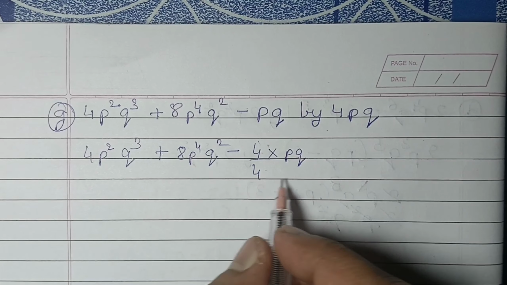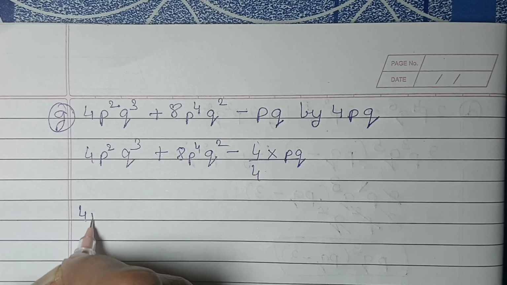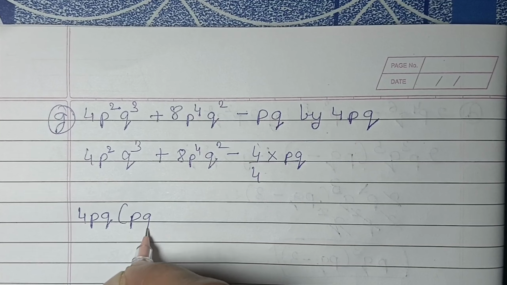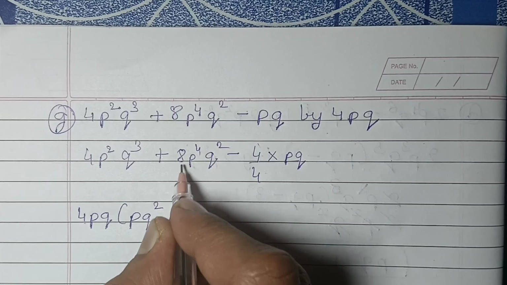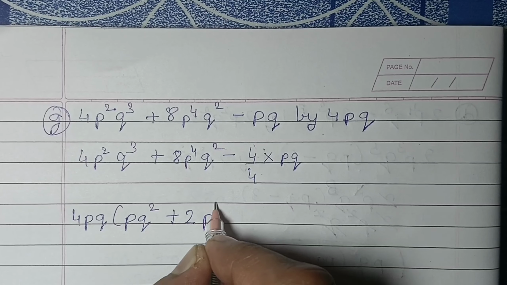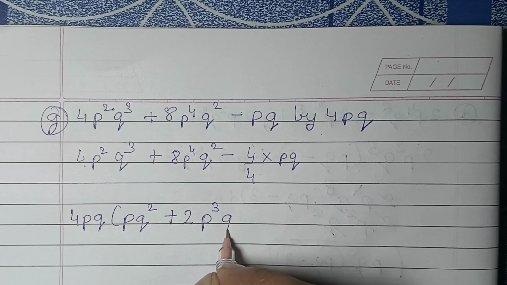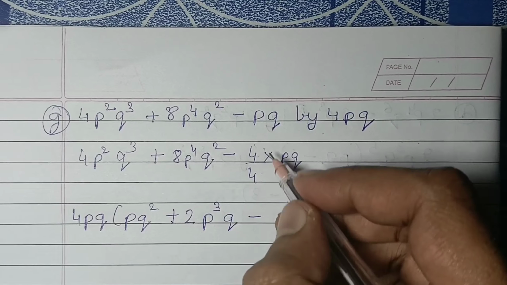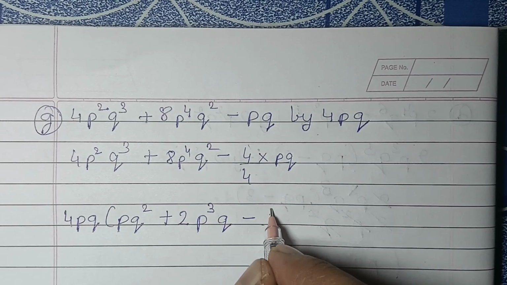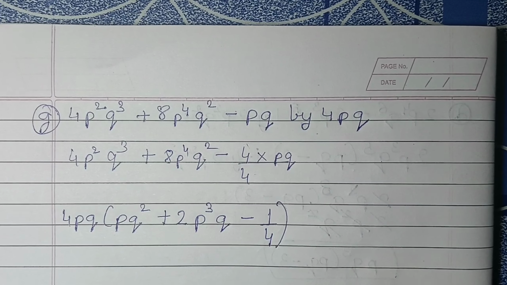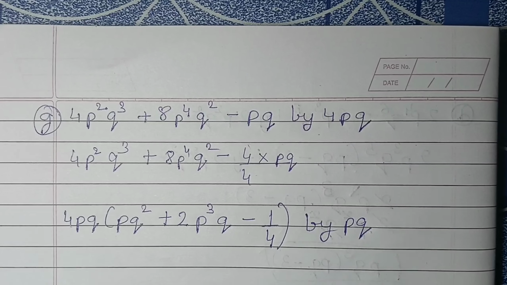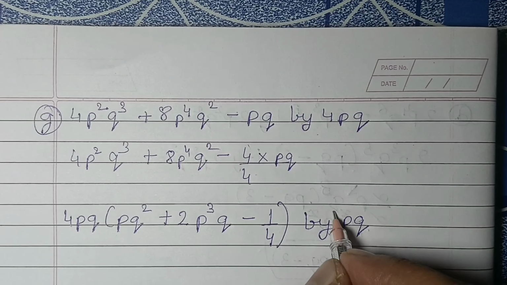Now we'll take out common, so 4pq will be taken out common, remaining term will be p q square plus, 8 by 4 is 2, so here 2 will be common, and p cube q minus, from here if we take 4 common, then the remaining term will be 1 divided by 4, and we have to divide this by 4pq.